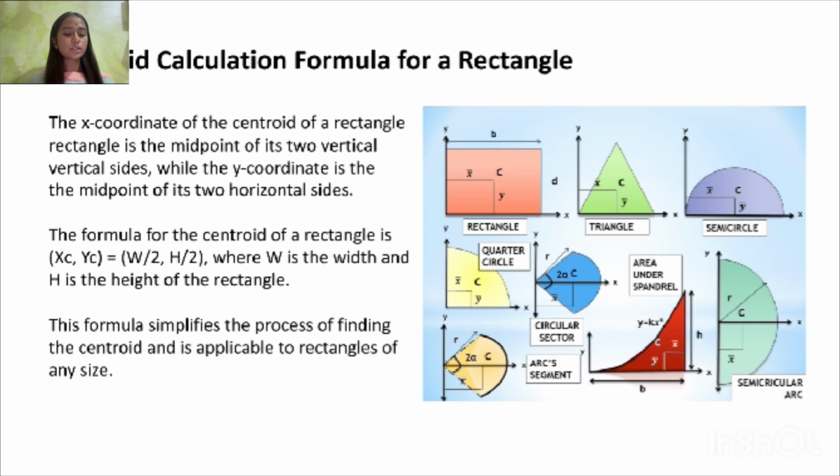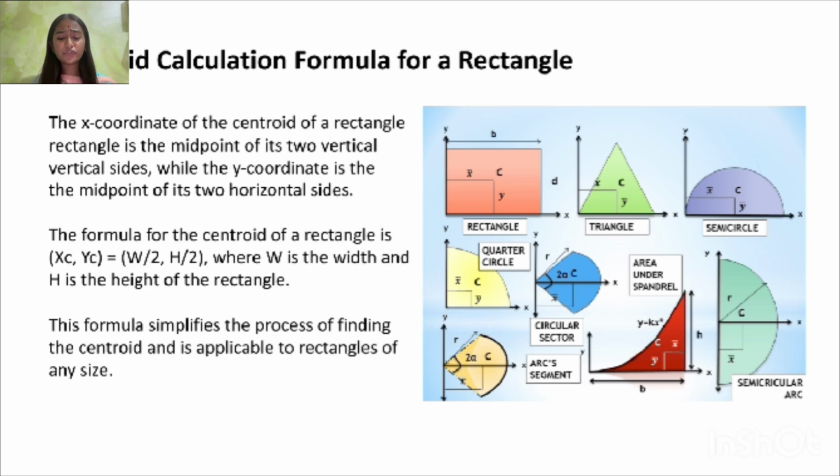The formula for the centroid of a rectangle is xc, yc equals w divided by 2 and h divided by 2, where w is the width and h is the height of the rectangle. This formula simplifies the process of finding the centroid and is applicable to rectangles of any size.